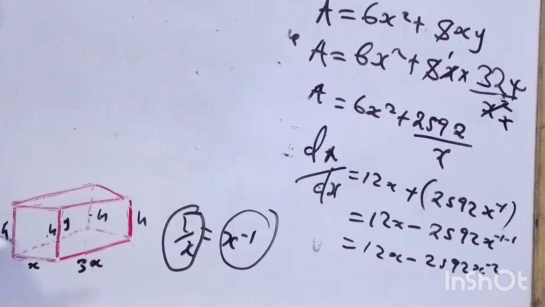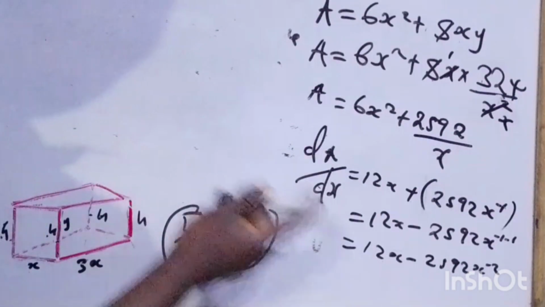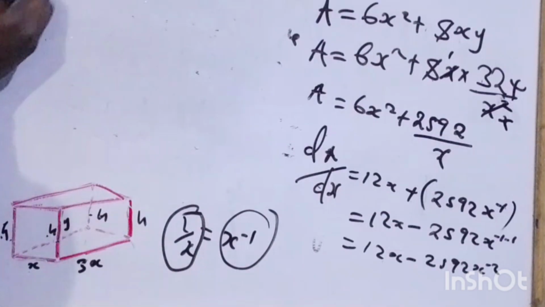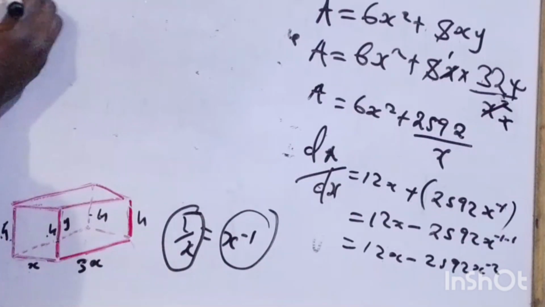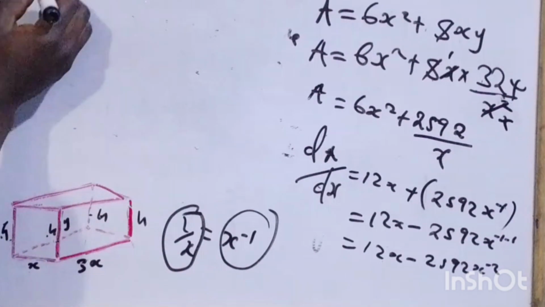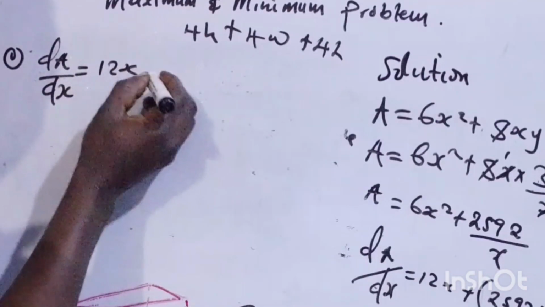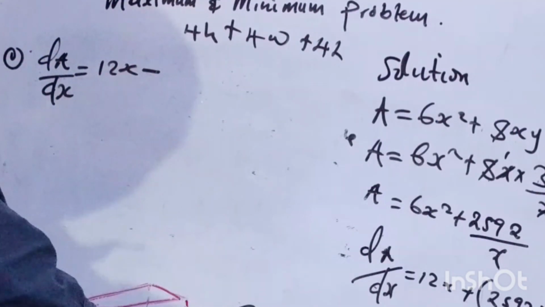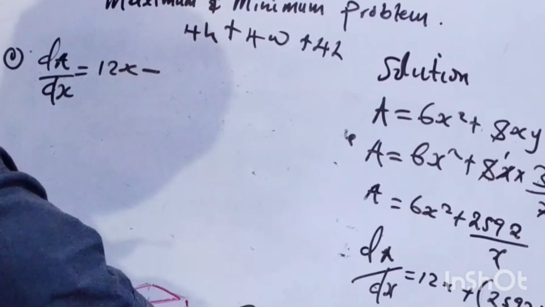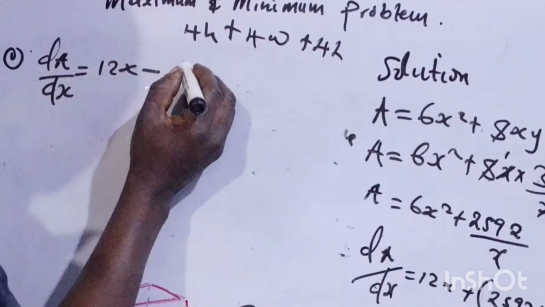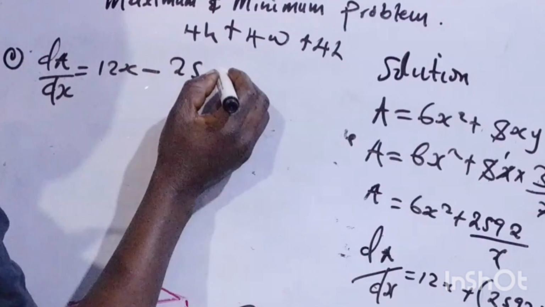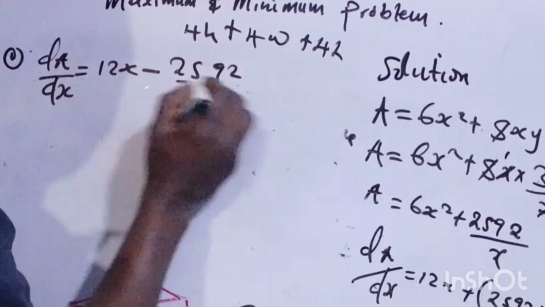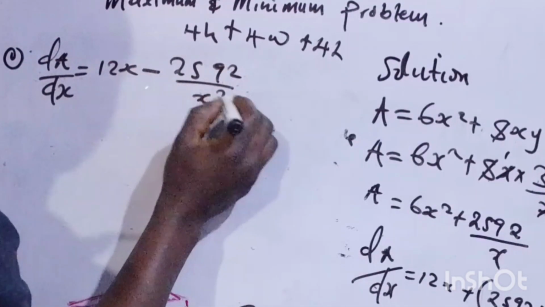Since we have differentiated this equation, dA over dx will be equals to 12x minus, then when we take it into positive indices, 2592 over x squared.